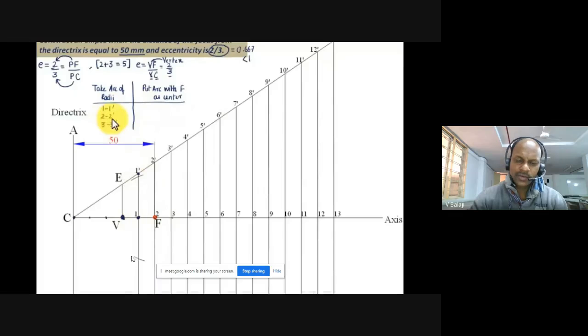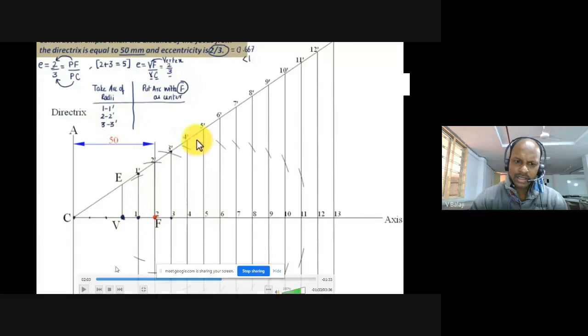So you choose the radius 1 1 dash, with the focus as center, and cut that line above and below. If you repeat the procedure, 2 2 dash is the next radius. Accidentally the second line is matching with the focus line, so directly you can choose focus as center and 2 2 dash as the radius. You cut the same line above and below. You can choose these points anywhere; they need not pass through the focus.